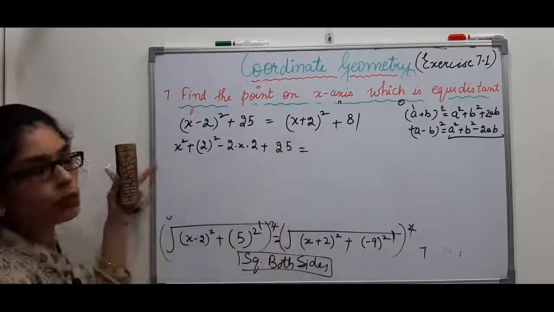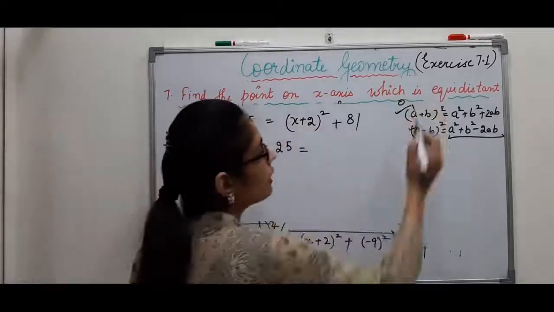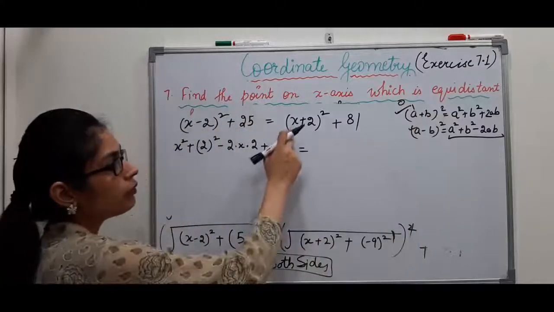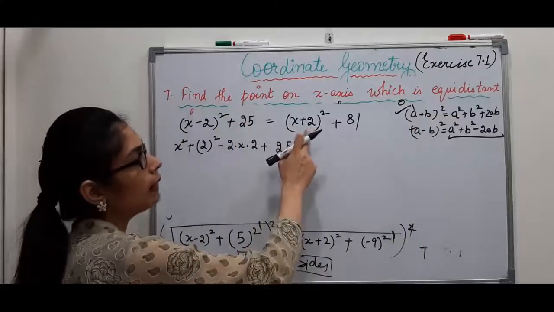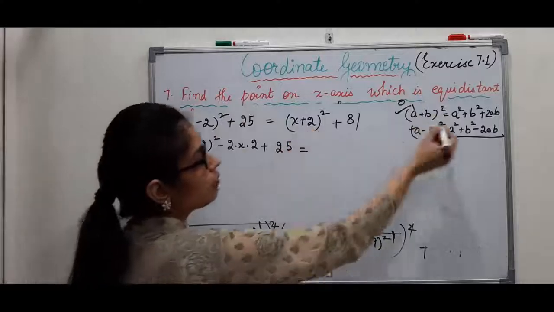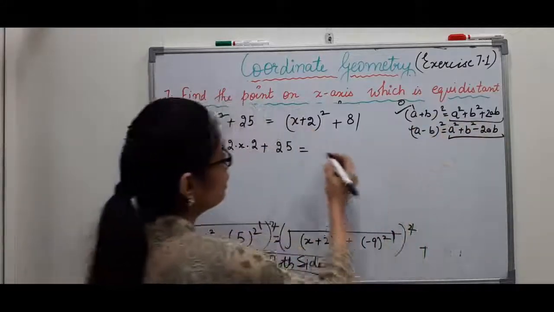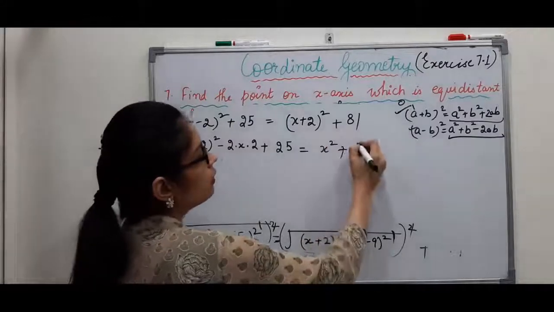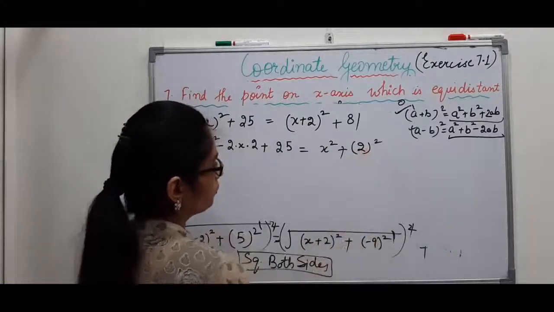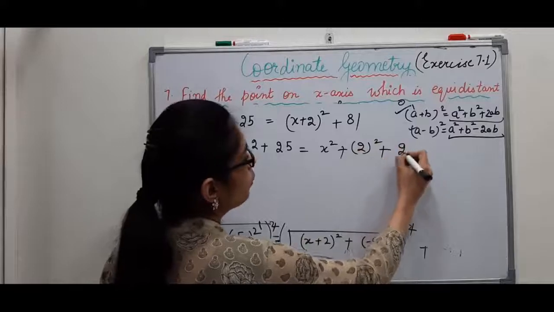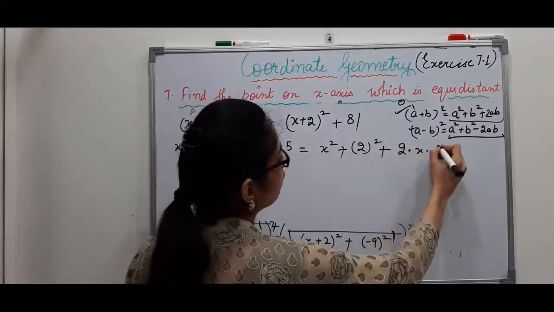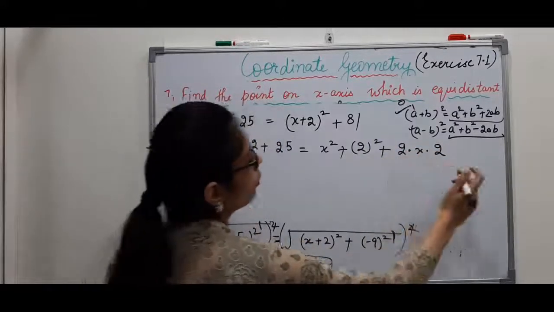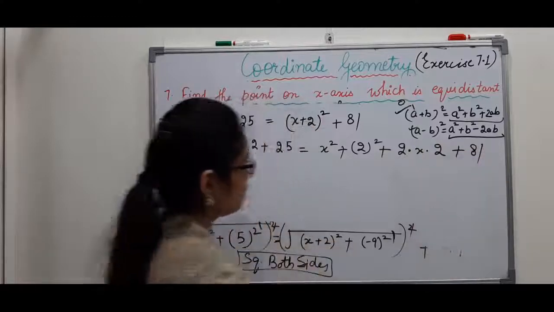Now x plus 2 whole square. This we have to relate with a plus b whole square, where a is x and b is 2. Same way we will expand by using this expansion. So a square means x square, b square means 2 square, plus 2 into a, which is x, into b, which is 2, plus 81 we will write as it is.